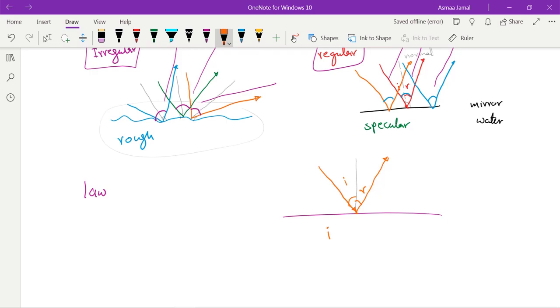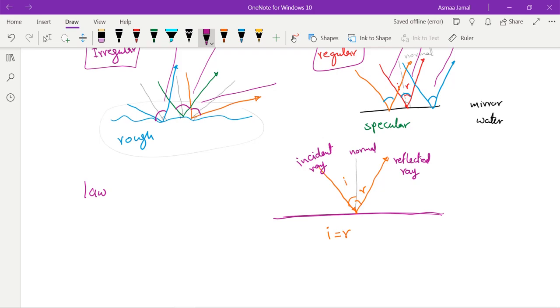So I all the time equals R. And here we have the normal, incident ray, and reflected ray, all in the same plane.